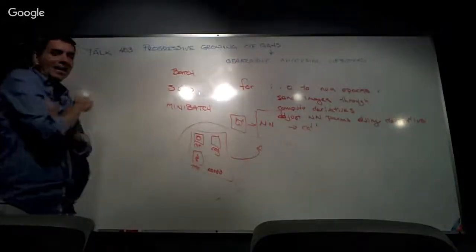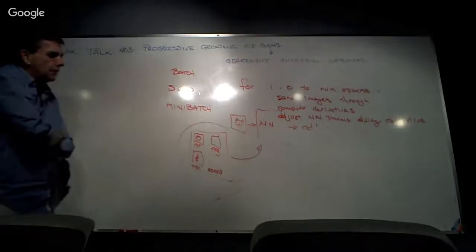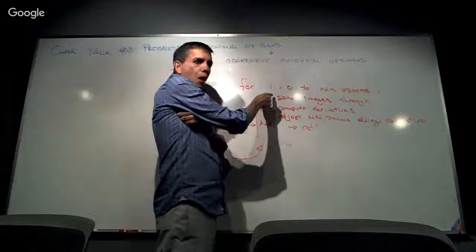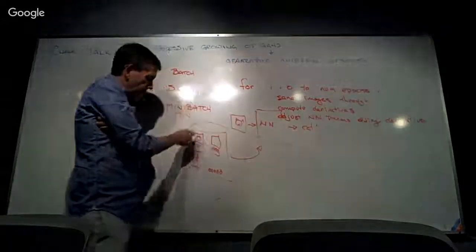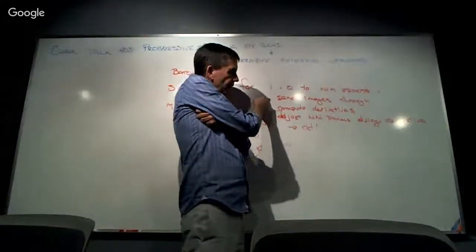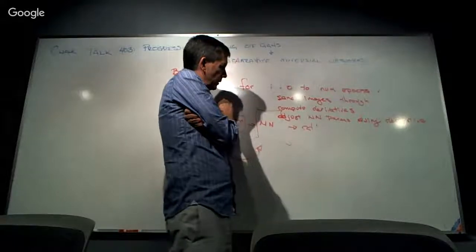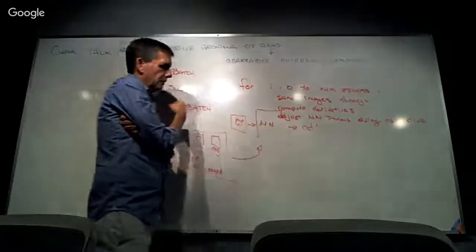So in the batch case, in the batch training of a neural net, this line says, send all your images through. Send each and every one of them through your neural net. We get all the derivatives for each individual image.